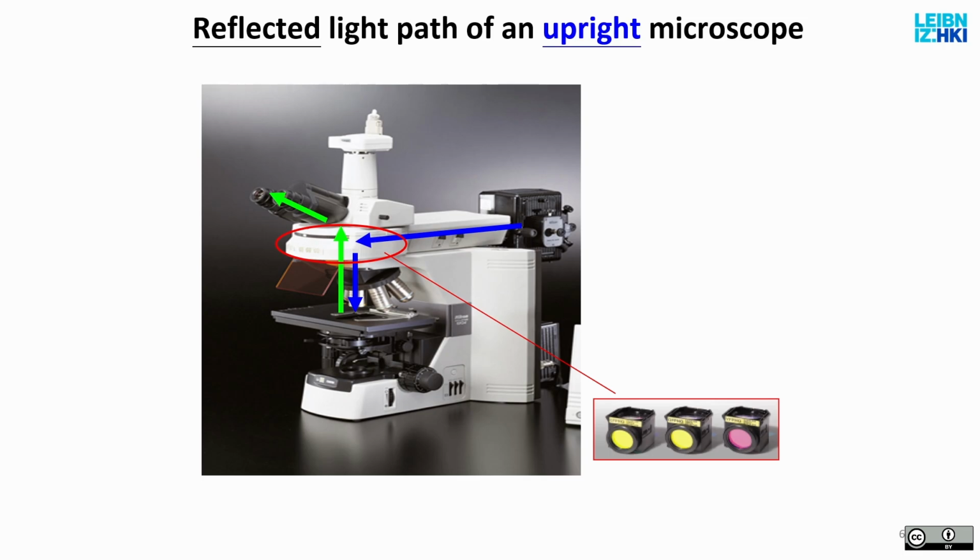And because, as with the next question you also realized, we do need more than one color in a typical experiment, we also need more than one of these. So in a typical microscope, you have several of these in a rotating turret, on which you can, just by pushing a button on the software or on the microscope itself, rotate this turret and put the proper dichroic cube in the light path, so it matches the fluorescence excitation and emission that you want to work with.